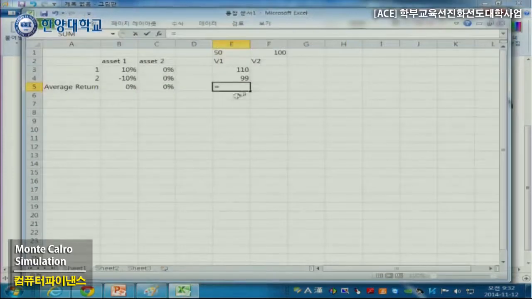So we can do that. So actually our holding period return is ST divided by S0 to the 1 over n, minus 1.